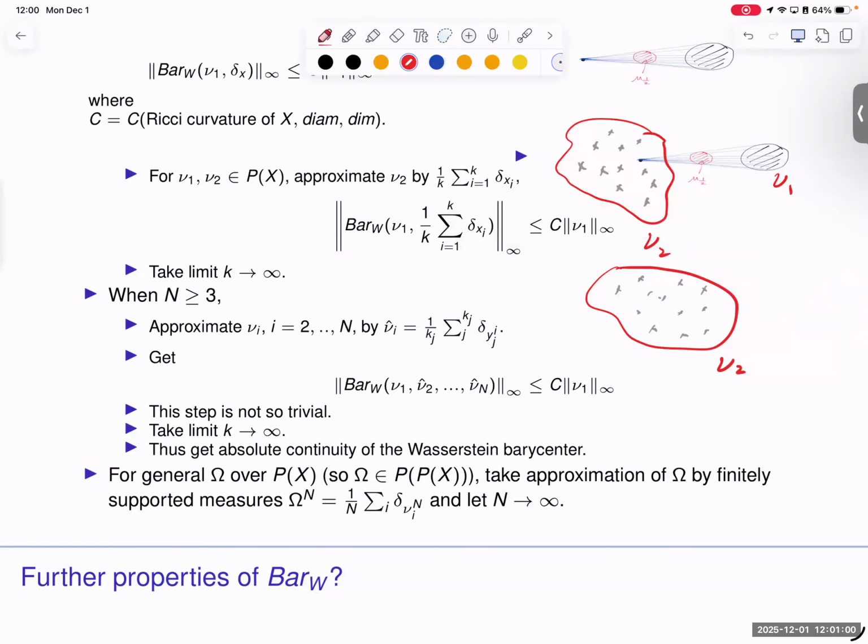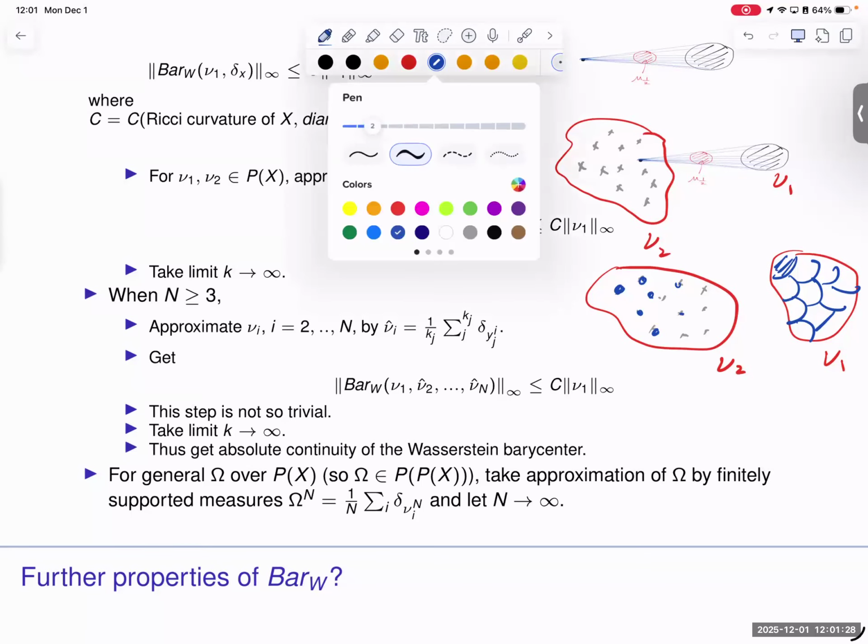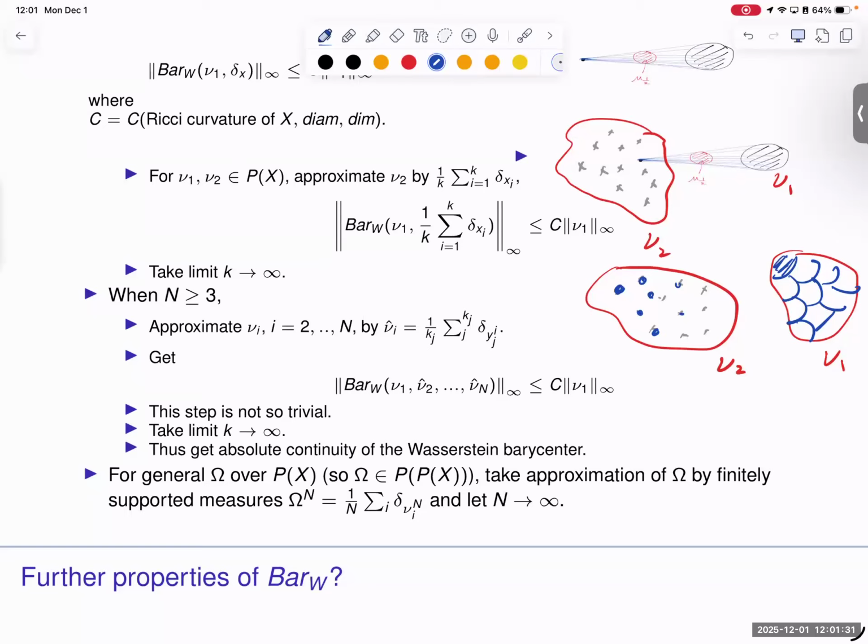Let's say the new one is like this, then it's similar to this K-means case. So each of these points can correspond to some part of this measure. You kind of divide the measure into this kind of partition, and each point corresponds to its part, and so on.